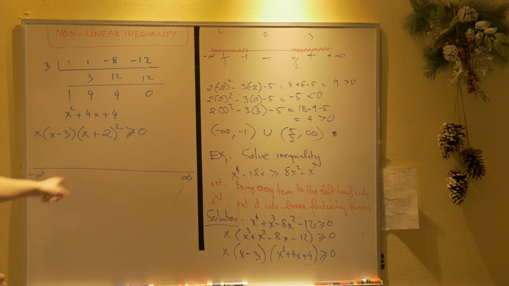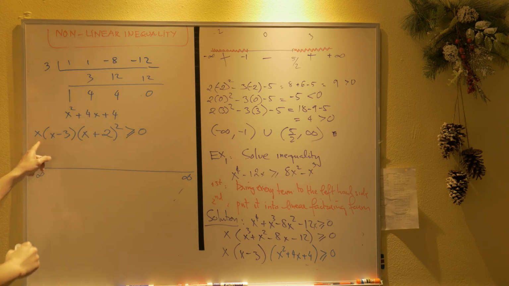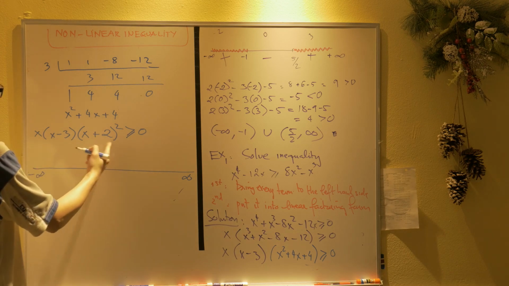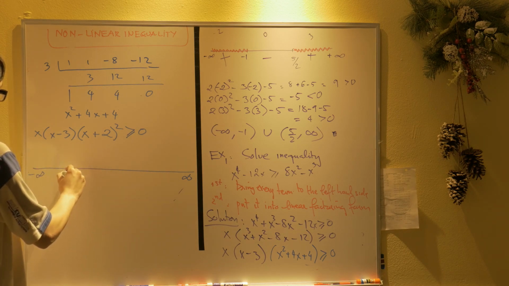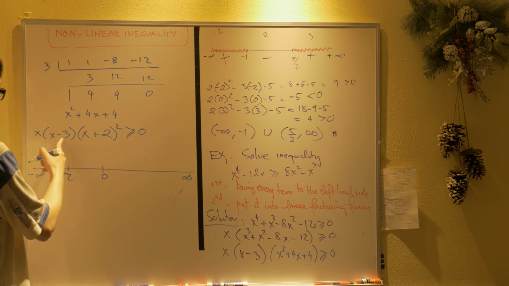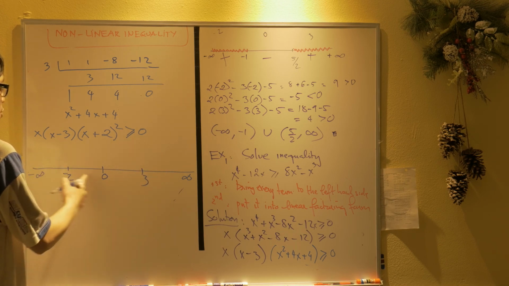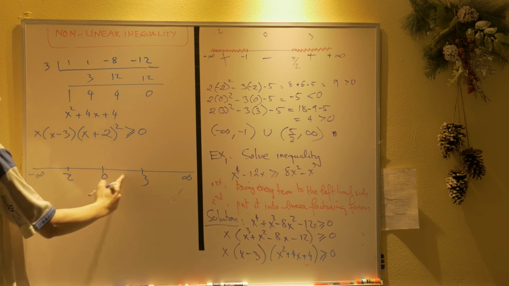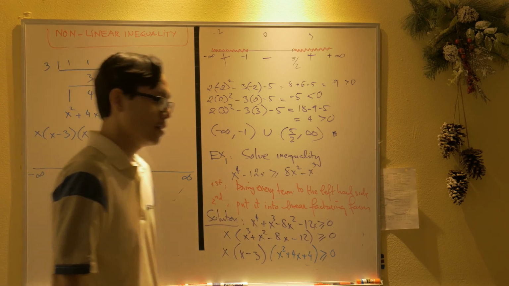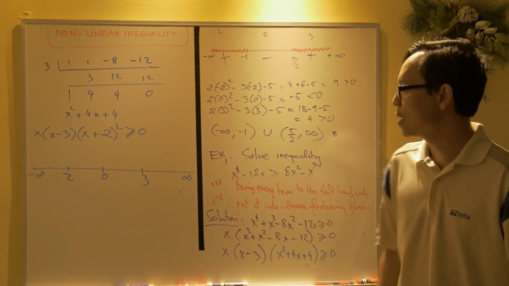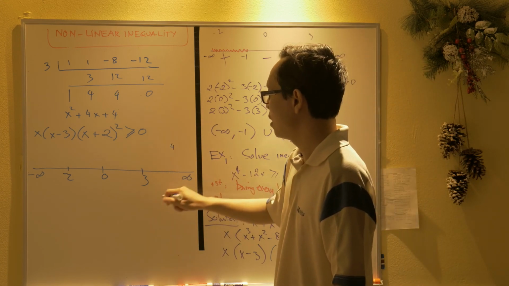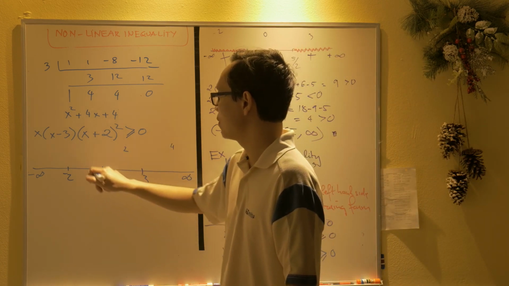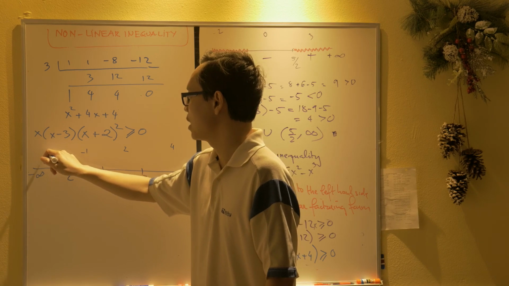On this side table, the 0s will be negative 2, 0, and 3. So we have 1, 2, 3, 4 intervals. I'm going to pick a value in each interval: over here 4, over here 2, over here negative 1, and over here negative 3.